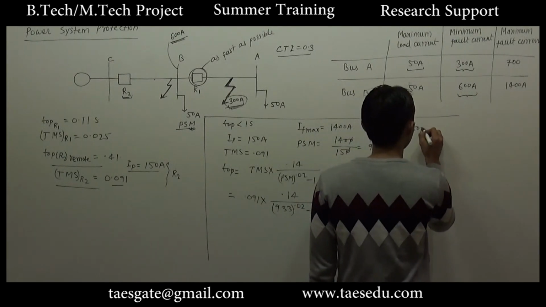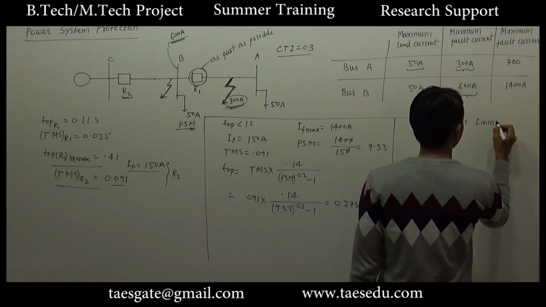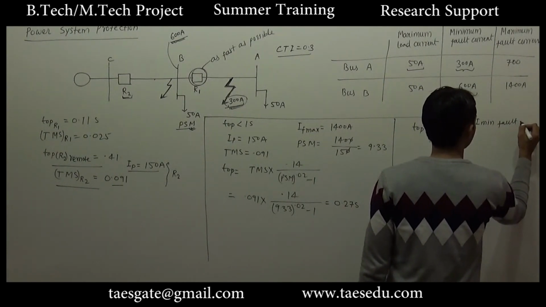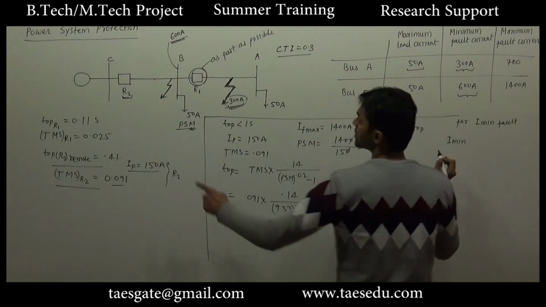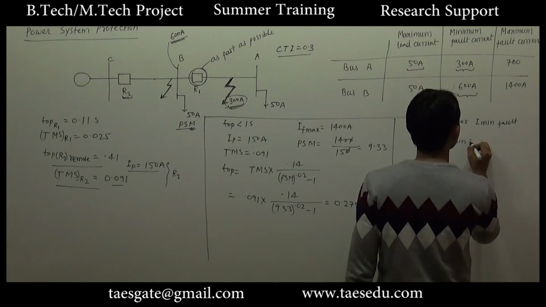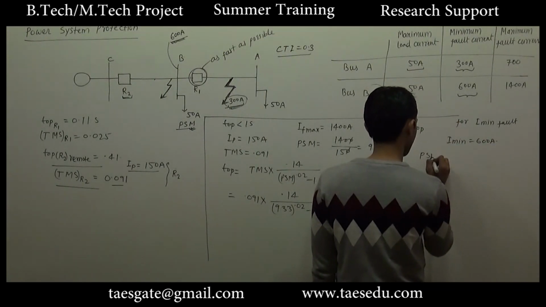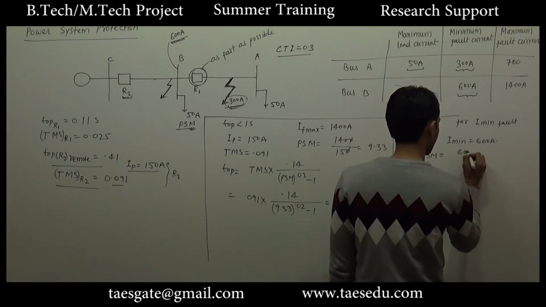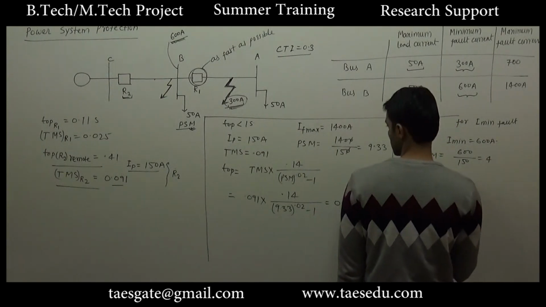The time of operation for minimum fault current. So the minimum fault current for bus B is 600 ampere. So the plug setting multiplier will be 600 divided by the pickup current 150 ampere, that is 4.